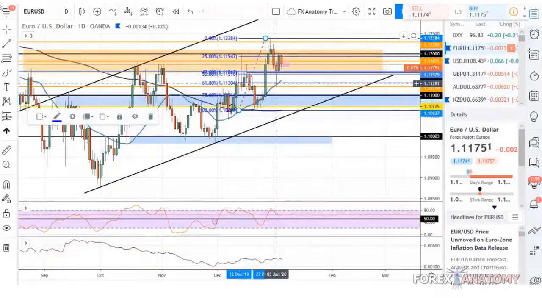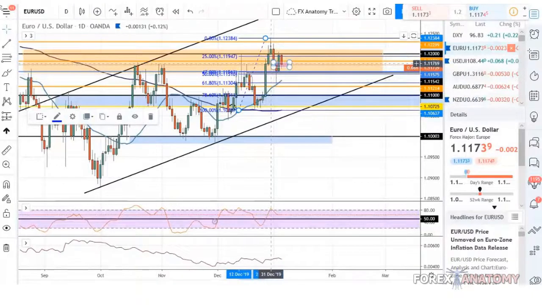For those who do not know, the 61.8 Fibonacci retracement level, for some reason, always works like magic. Some people call it God's fingerprint, but it's called the golden ratio, and typically price responds right around the 61.8% Fibonacci retracement level.